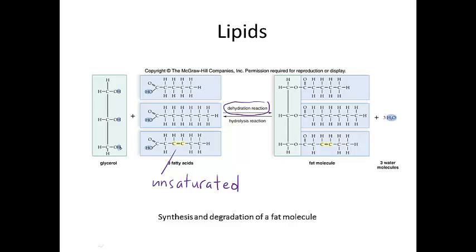Okay, so when the glycerol bonds with the fatty acids, the hydrogen and the OH group also form a bond, making H2O, which is why we get 3 H2Os for every fat molecule formed.